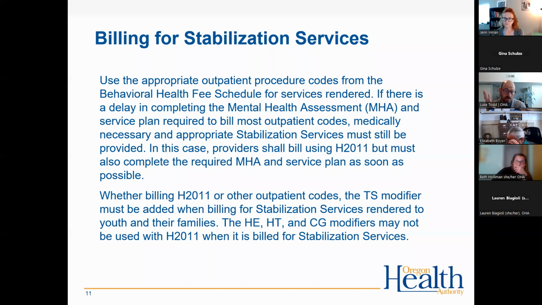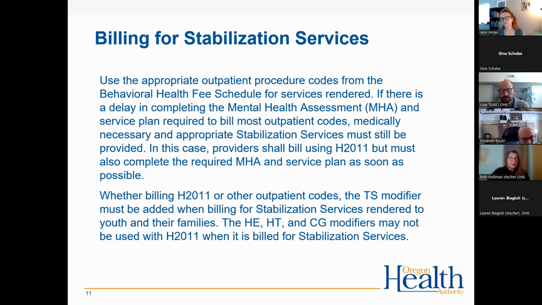For instance, stabilization services could be rendered by a family support specialist. I know it's supposed to be a team, but I can't recall if they actually have to deliver it together every time.